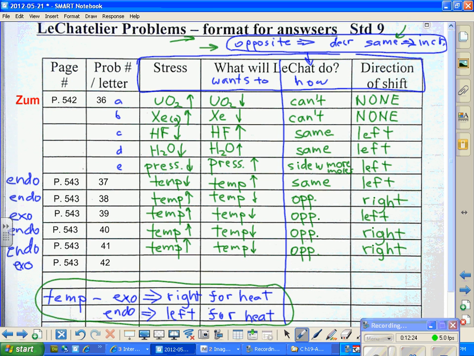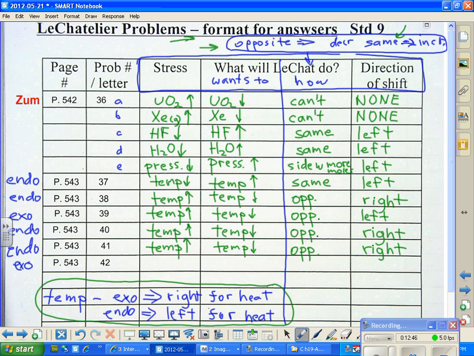And last but not least, this thing with ammonia. This is the Haber cycle, and the Haber cycle is the way we make ammonia commercially. And they're asking us here with an exothermic reaction, exo because the heat is on the right, you see 92 kilojoules, that represents heat.